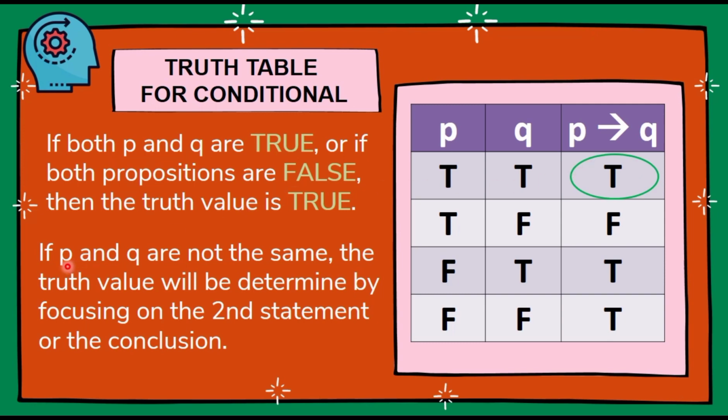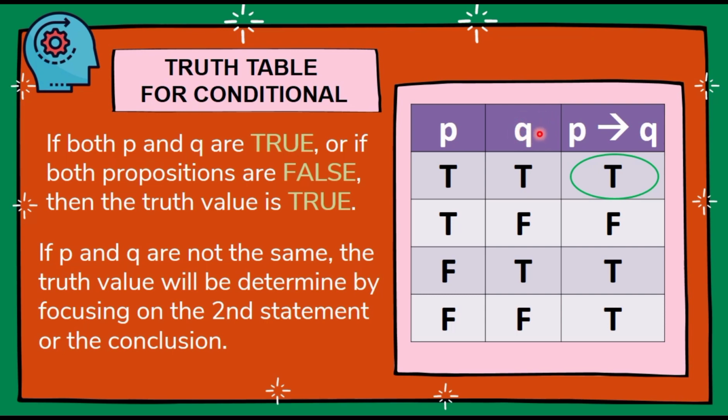Then, if P and Q are not the same, the truth value will be determined by focusing on the second statement or the conclusion. So, sa truth table natin ng conditional, P is the hypothesis and Q is the conclusion.